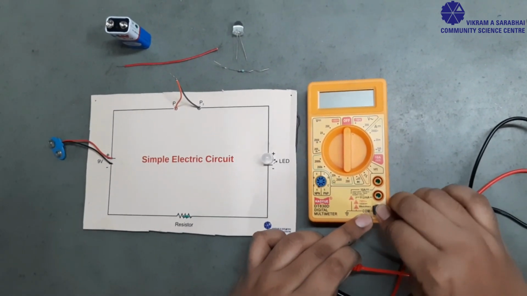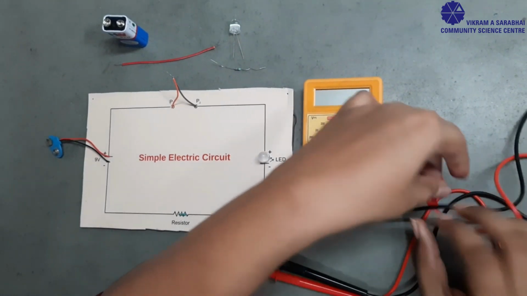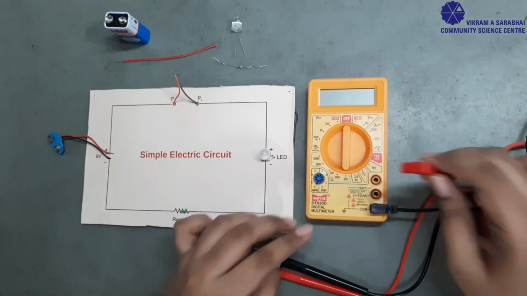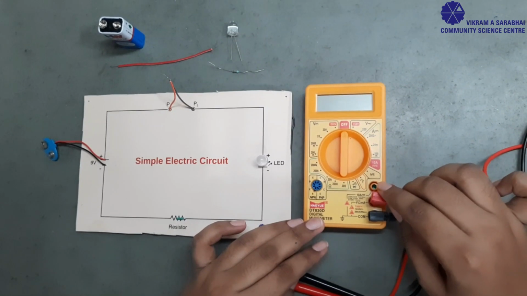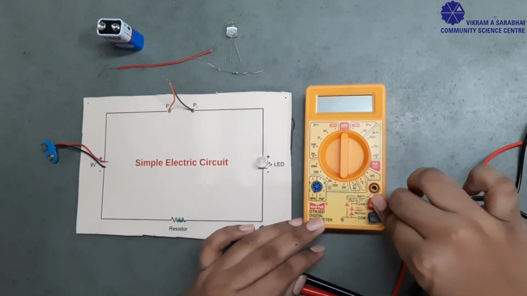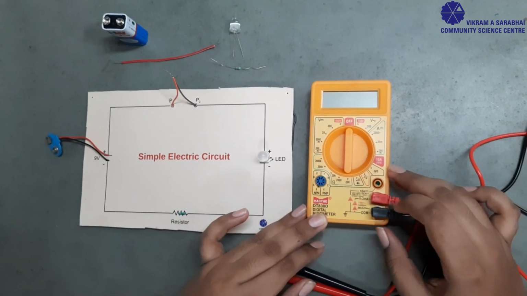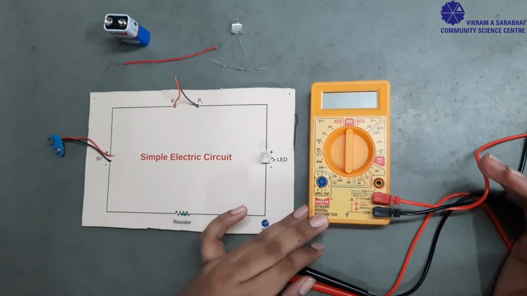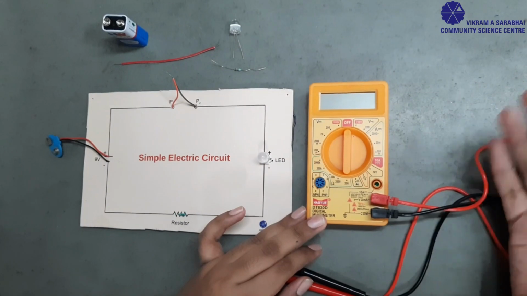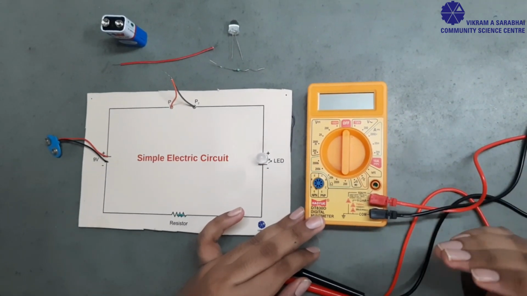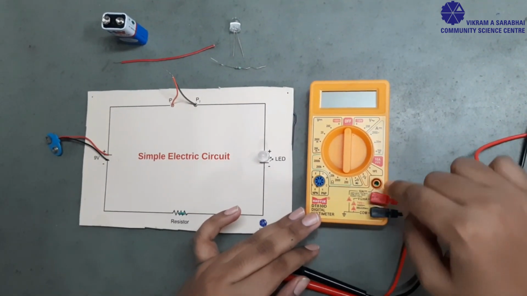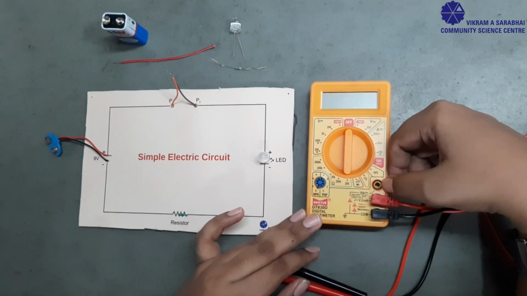I am connecting the negative probe over here, and then I will connect the positive probe at positive, where we can measure the voltage, resistance or our current. And as I told you, if our current is more than 200 milliampere, then we have to shift our probe to 10 amperes.